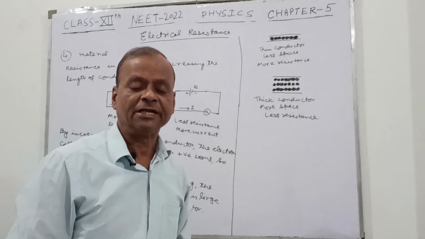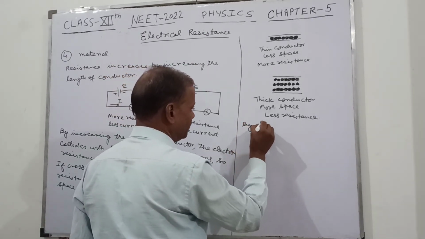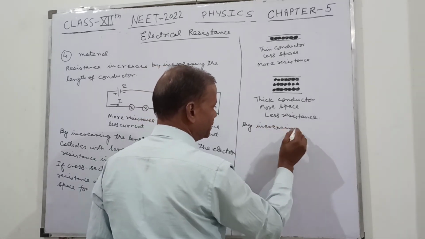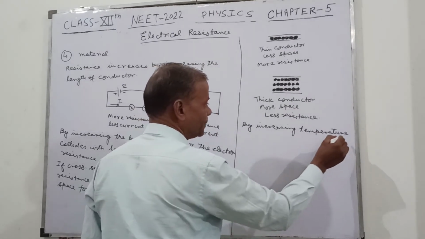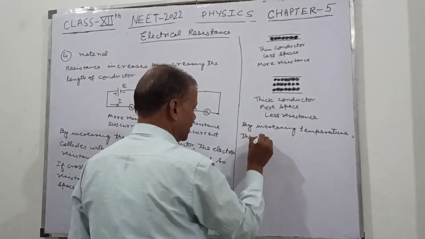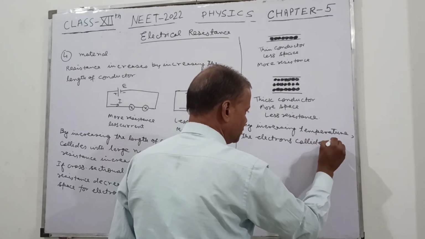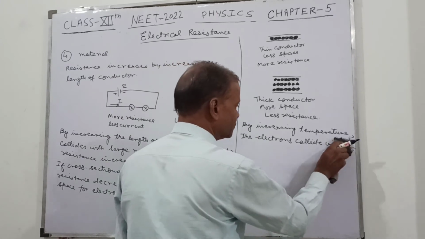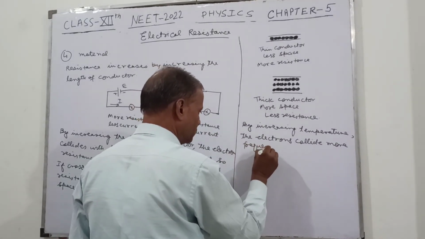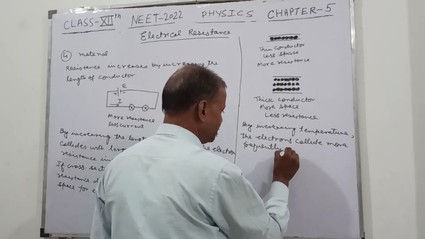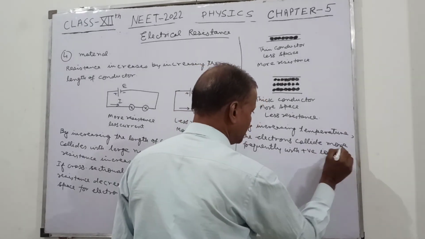And what happens when the temperature is increased? By increasing temperature, the electrons collide more frequently with positive ions in the conductor.